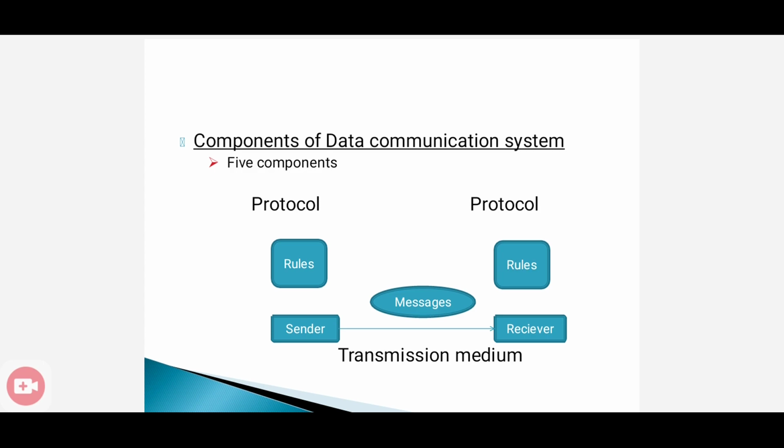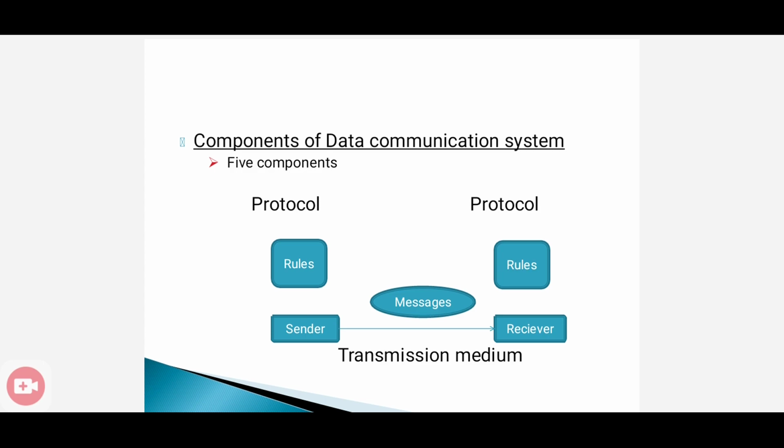Why do we use a transmission medium? For sending the actual message from the sender to the recipient. It is the communication path between the sender and the receiver. And the fourth component is the message, the original data that the sender is sending.